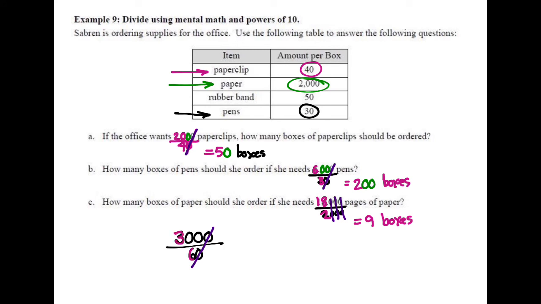I have a 3 and a 6, but 6 doesn't go into 3, does it? If I put another 0 with it, now I do 30 divided by 6 is 5. And I have 1 0 left right there. Okay, so if it doesn't work, you have to add another 0 to it so that it will.